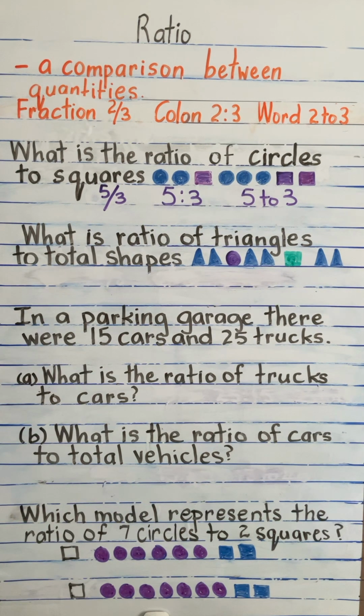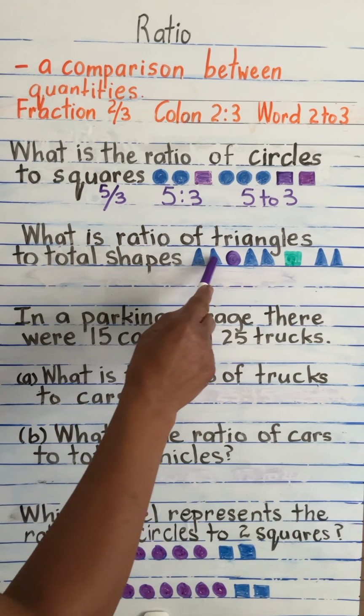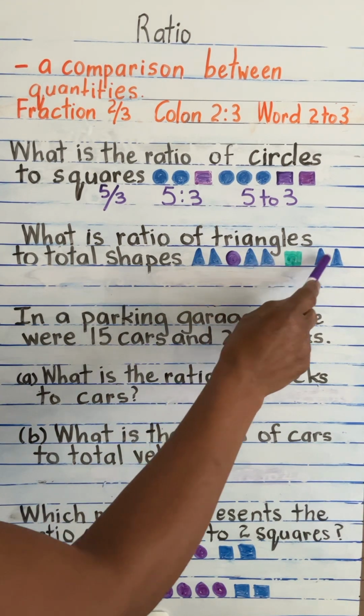So count the quantity that is mentioned first and write that number first when you're writing your ratio. Next, what is the ratio of triangles to total shapes? Let's count the triangles: 1, 2, 3, 4, 5, 6.